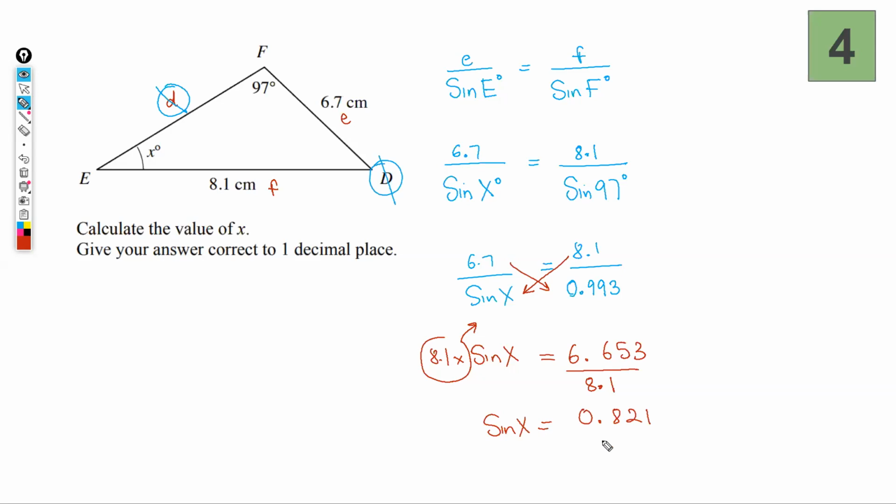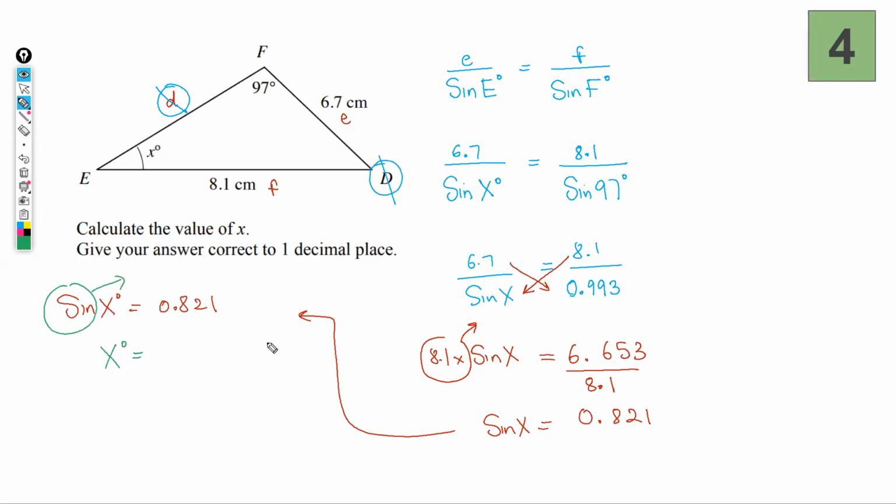But we're not finished. I think some people are finishing the question here by mistake. Remember, we have sine x is equal to 0.821, but we want to find x, which means we have to throw across the sine to get sine inverse.